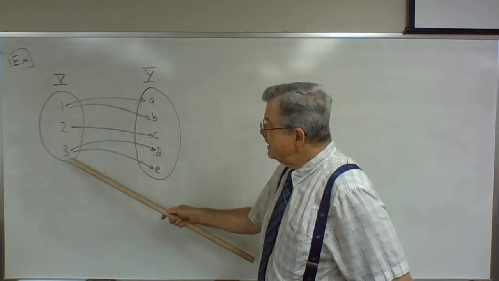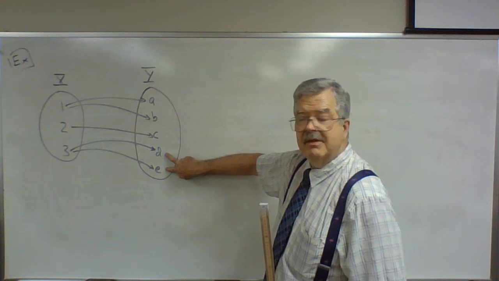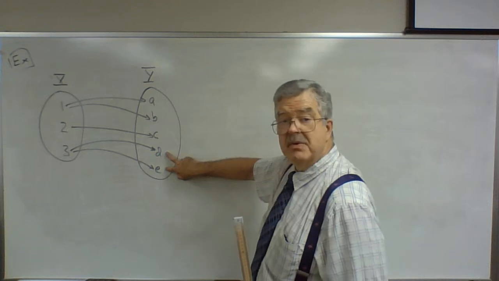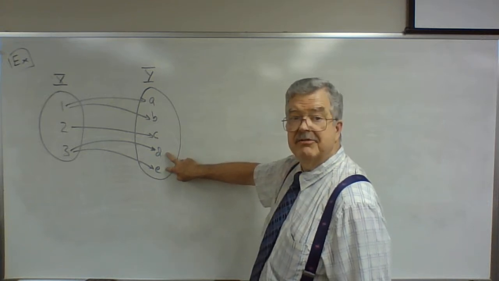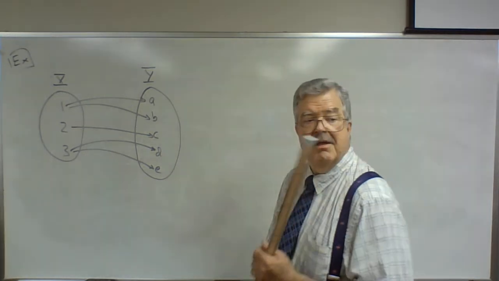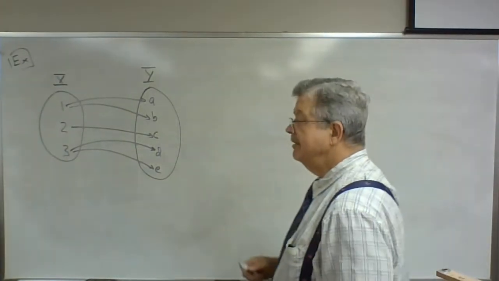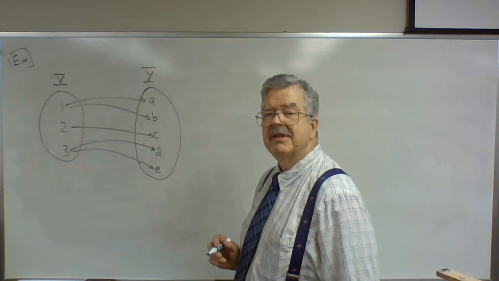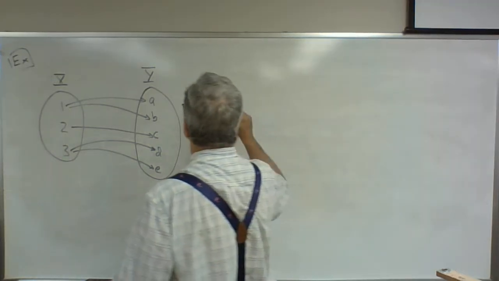The element 3 in the domain is assigned two elements in the range. One or more elements in the range. Not a problem. So based on what we just established, this diagram does define a relation from the set X to the set Y.